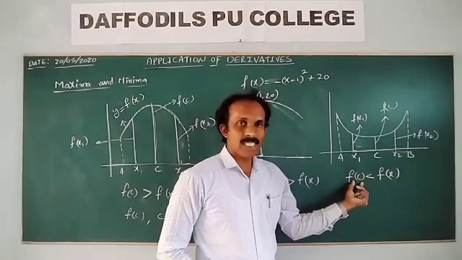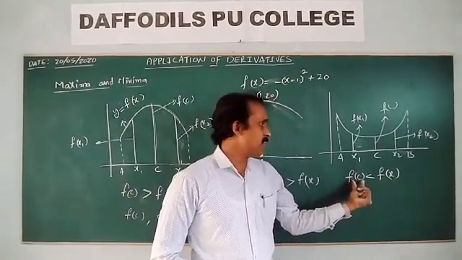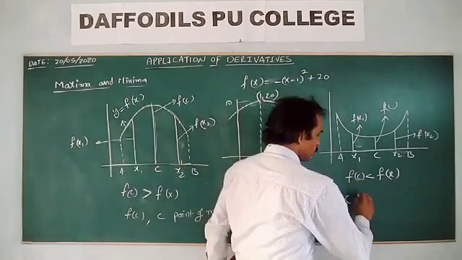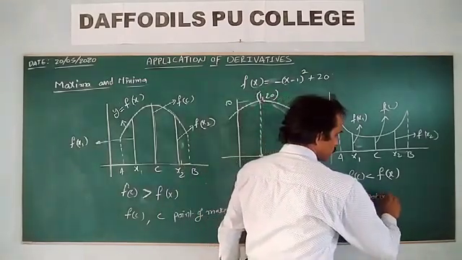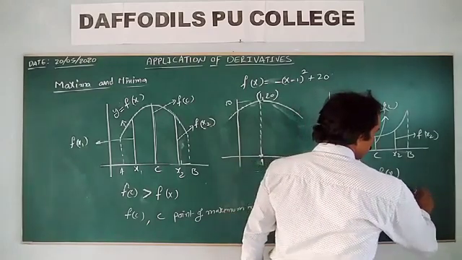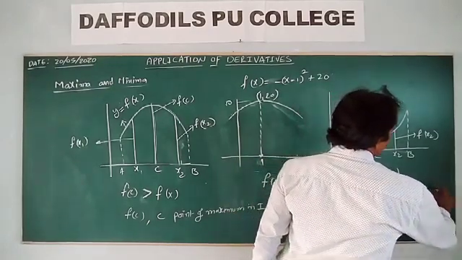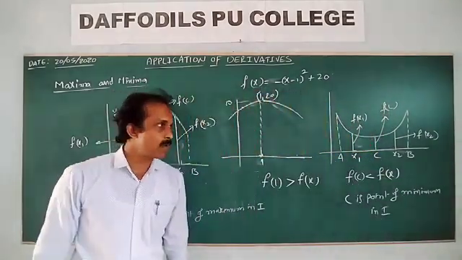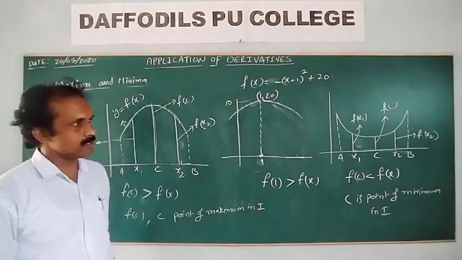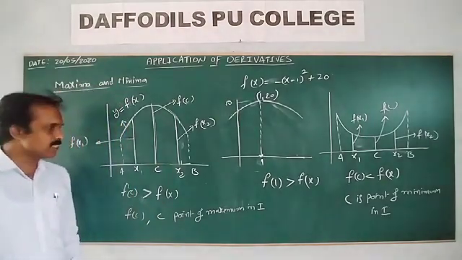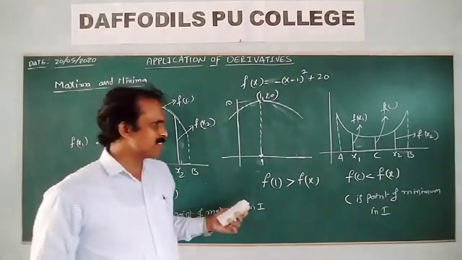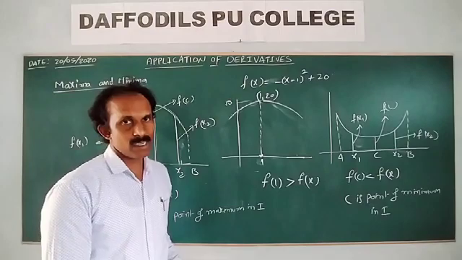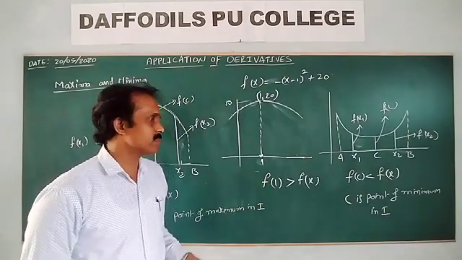So f has a minimum value, the number f of c is the minimum, and c is the point of minimum in I. Here we do not use a derivative; you can apply an ordinary method without a derivative.